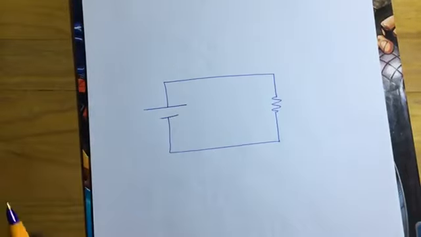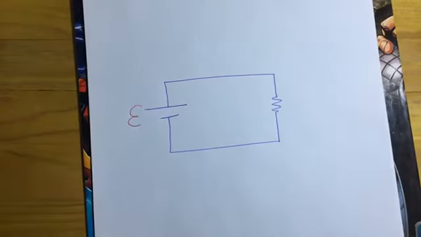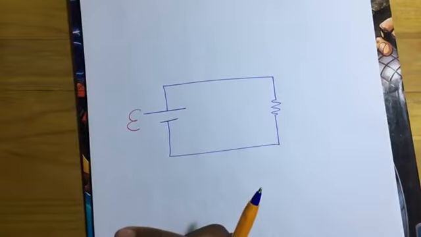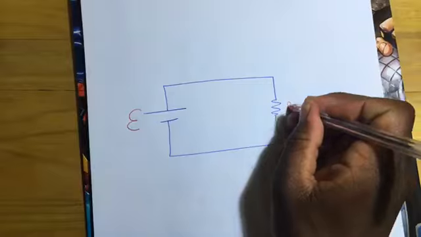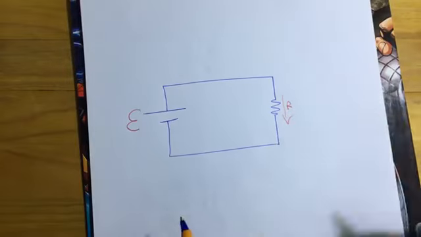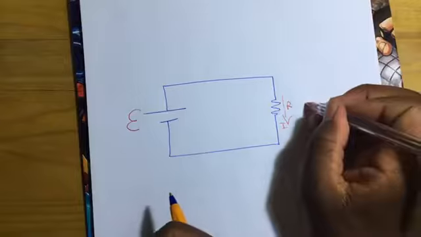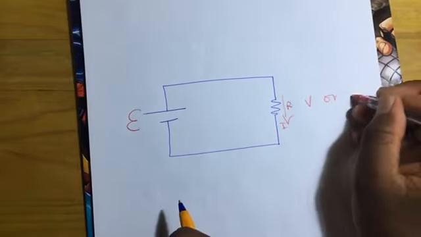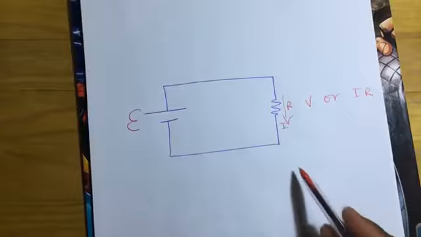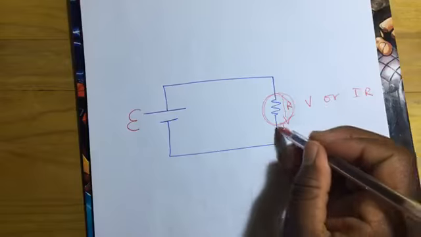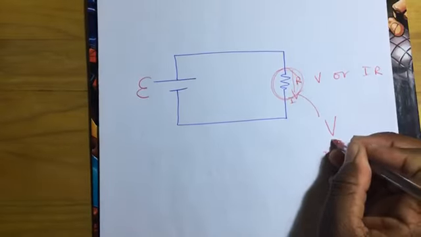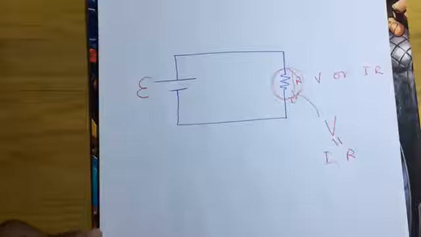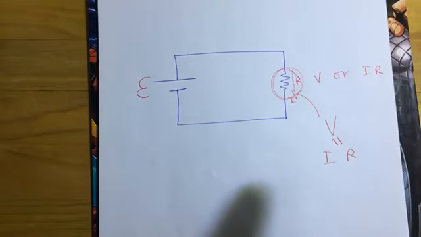Voltage across a battery is denoted just by using an E. Voltage across a resistor can be denoted using V or IR. So the voltage across this resistor, I can denote it as V or I can denote it as IR because V is equal to IR. So whenever I put I times R, I am referring to voltage. Okay.